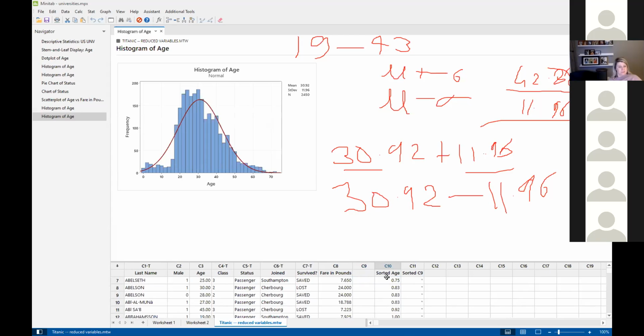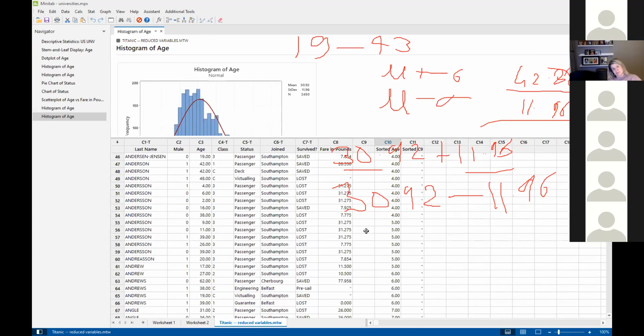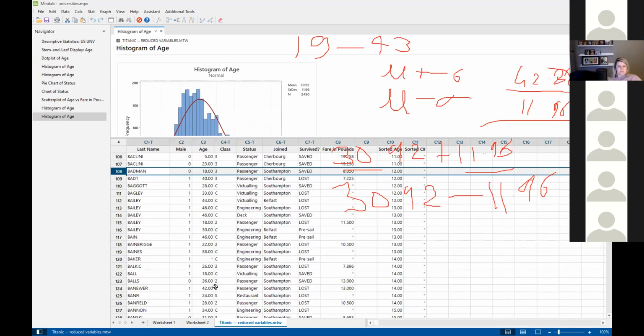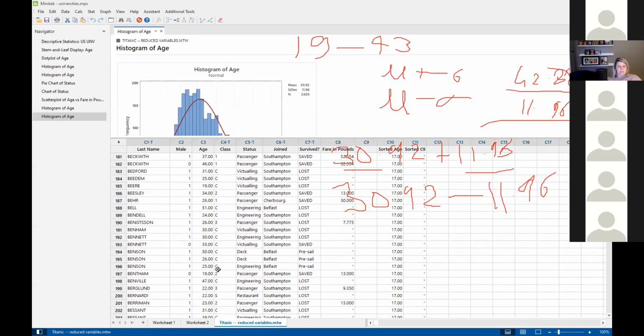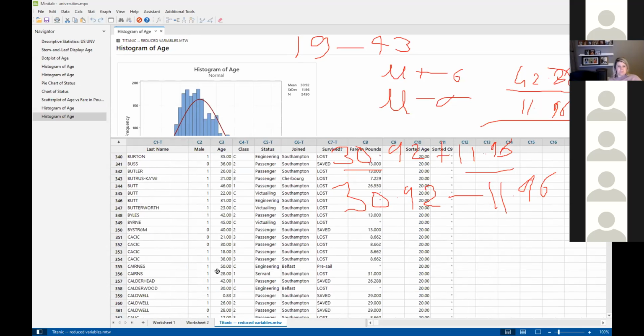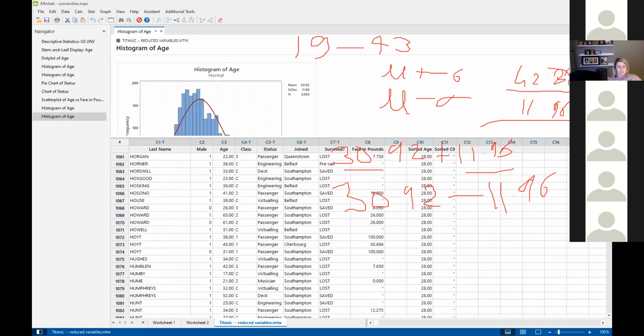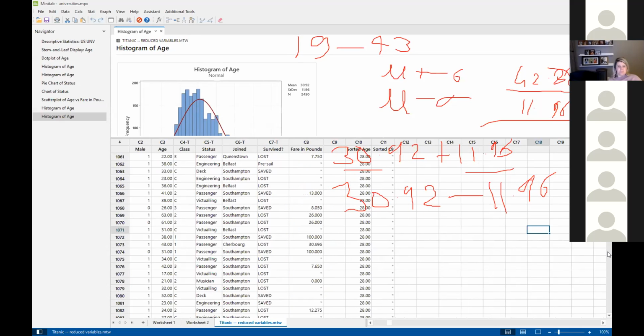Now I'm going to check where the age 12 is starting. So 11, 11, 11, 12. This started at number 108. I'm just doing it manually, and we would like to see how much. 43, 108, 43.